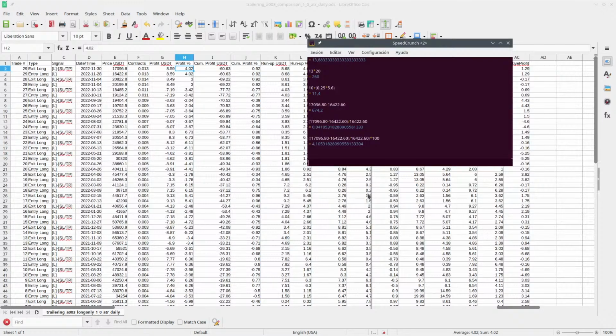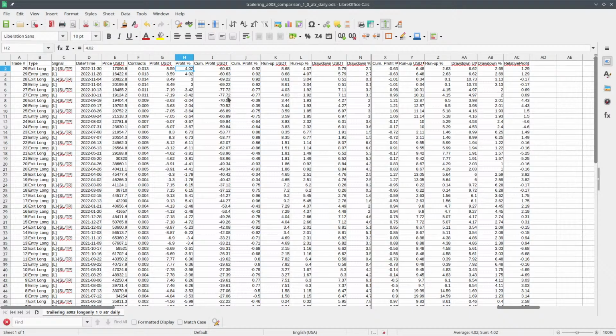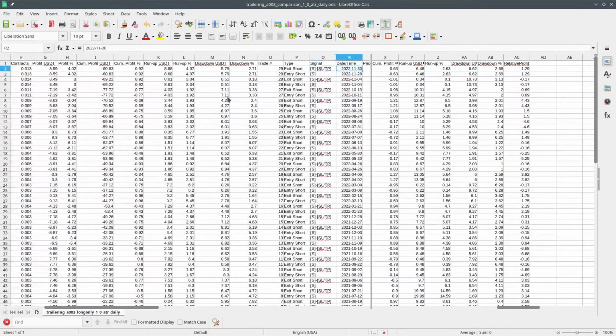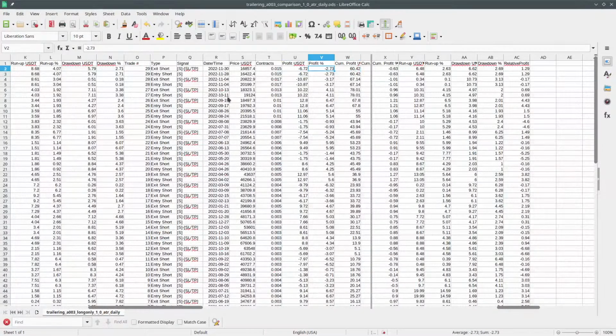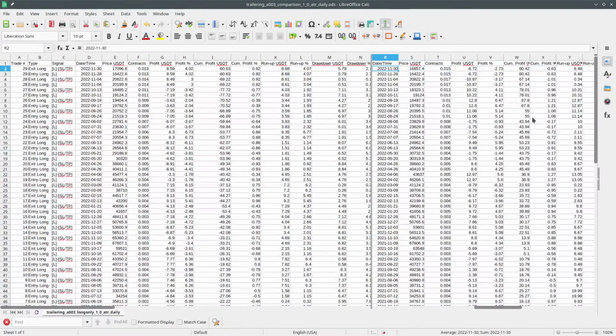Okay, nice. And what the hell happens with the short entry? So the short entry, wait, maybe we can just leave it like this. Try to do it here.